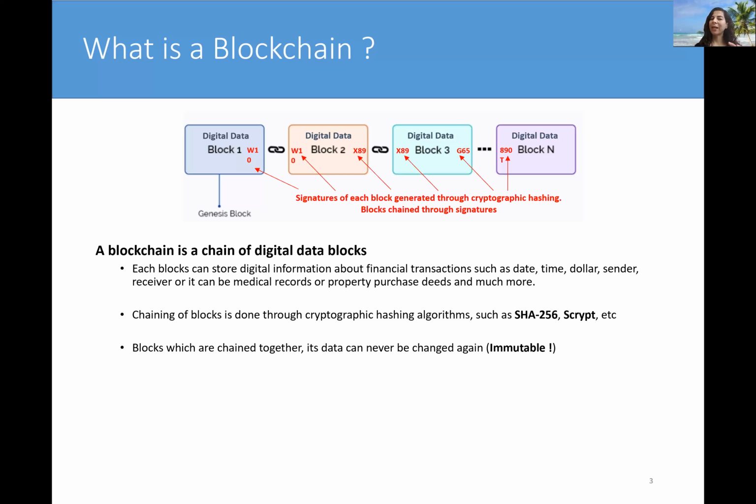Once you chain these, because of the properties of the hash we discussed before, the data in the chain cannot be changed again. This is called the process of immutability. Of course, never is a strong word, but in cryptography what we mean is that the probability is super low, so it is not possible within the computational limits we have.